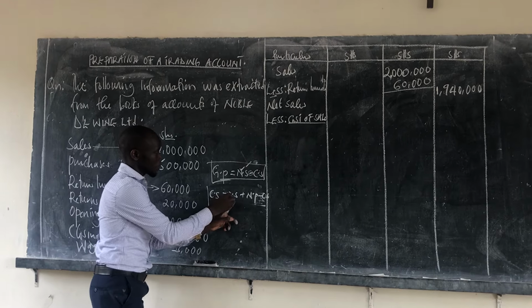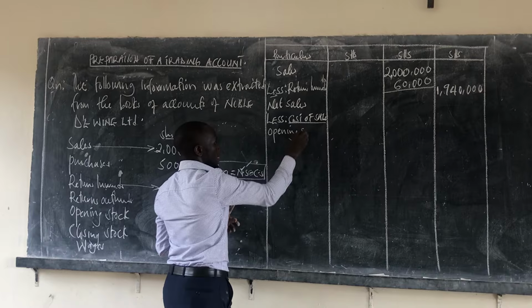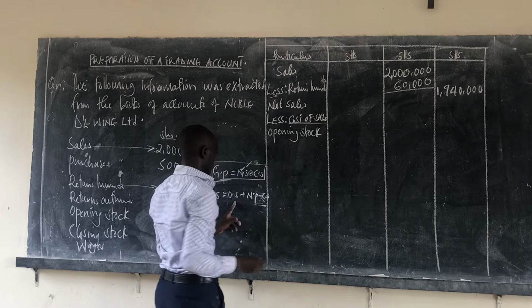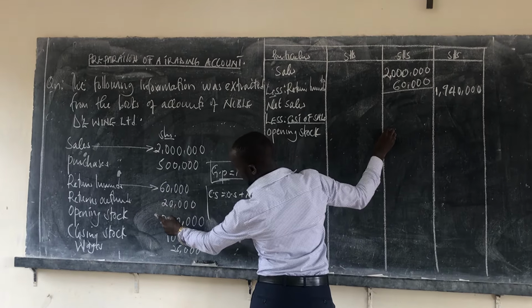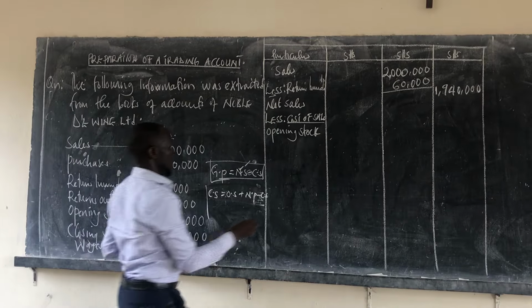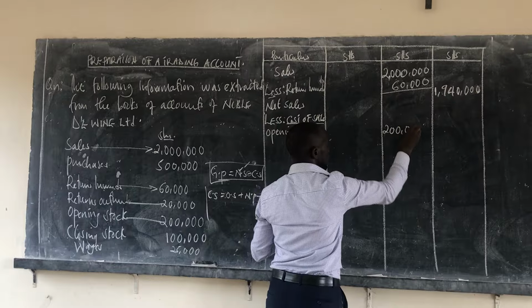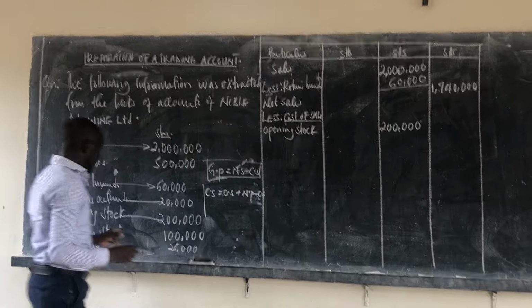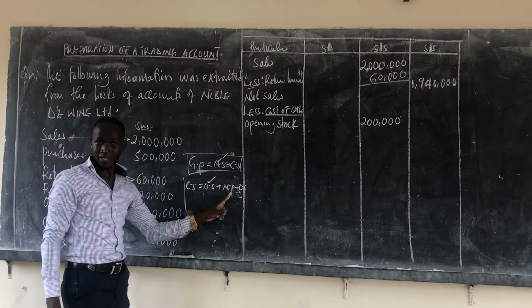Cost of sales is equivalent to opening stock. Yes, this noble guy had opening stock of 200,000. Now, we say plus net purchases.